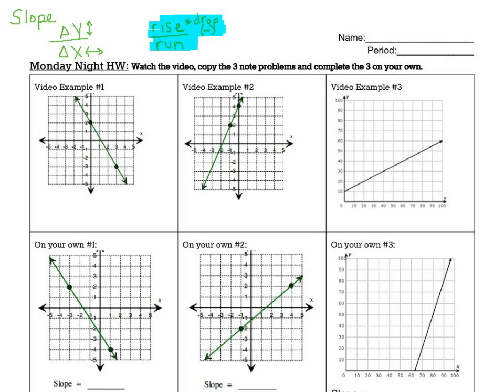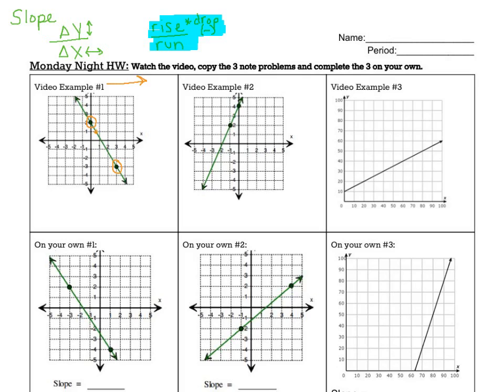So our first example. Remember that just like we read from left to right, that's how we're going to go on our graph. So we're going to look at the first point on the left, which they give us right here, and then we want to travel to the next point. For this graph, they gave us 2 points, but remember we do want to find perfect intersections if they don't.